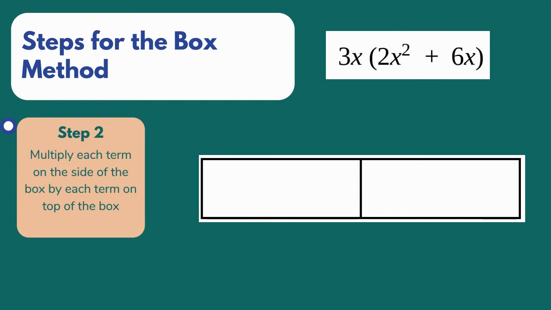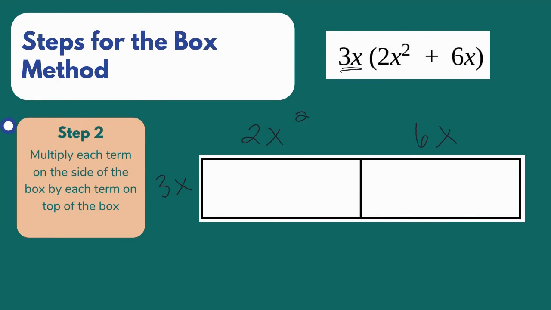After we've created our box, step 2 says that we will multiply each term on the side of the box by each term on the top of the box. So I'll start by taking my one term and write it on this side where I have one row. And then I'll take my two terms and write them along the top. I don't have to worry about the plus sign because both of the terms inside of my parentheses were positive.